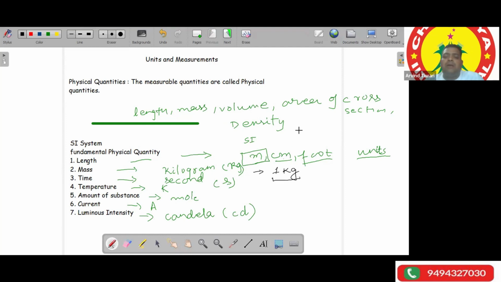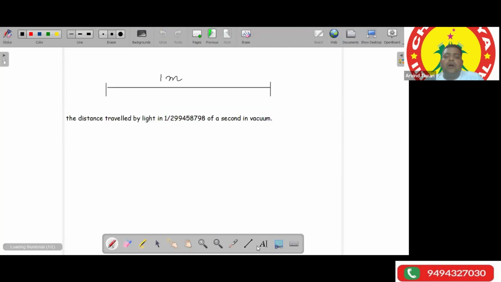A prototype has been made of platinum and iridium. So a platinum and iridium prototype has been kept in the International Bureau in France, which we call 1 kilogram.